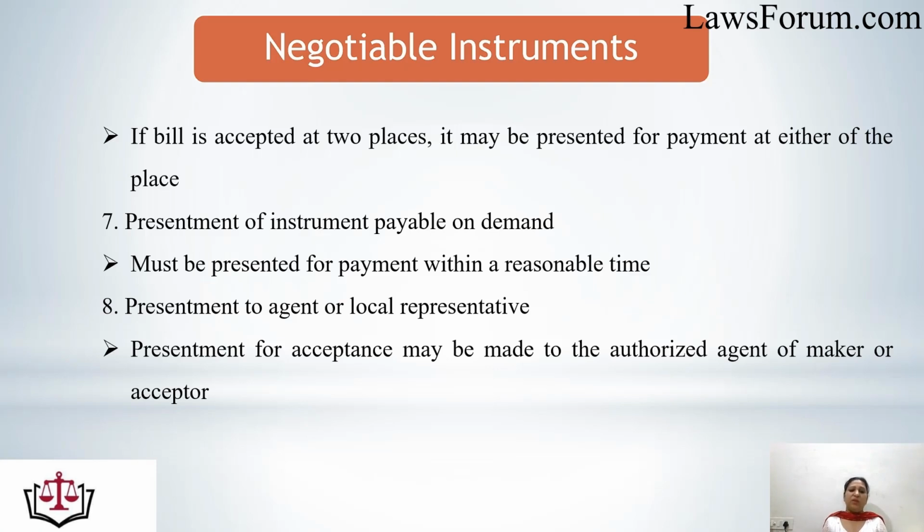Next is presentment to an agent or local representative. The presentment for acceptance may be made to the authorized agent of the maker or the acceptor. If the maker has appointed some agent to work for him, the presentment for acceptance of the negotiable instrument can be made to that authorized agent of the maker, which would make him liable.